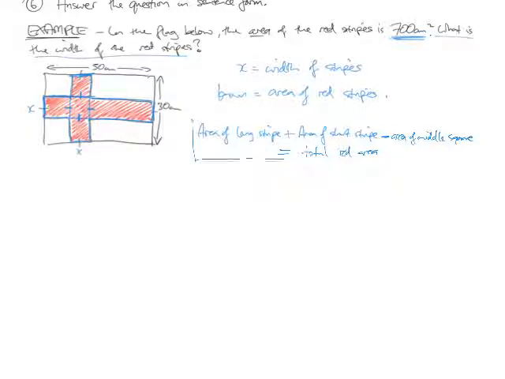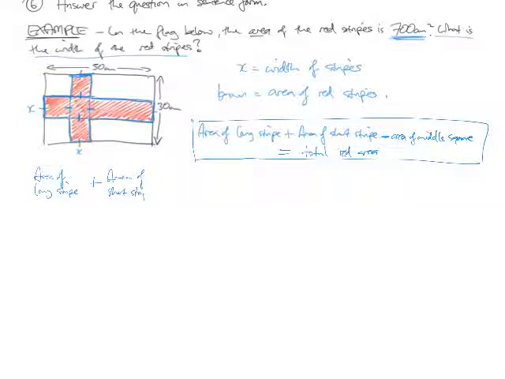So I'm just trying to talk you through my thinking for formulating this equation. Area of long stripe plus area of short stripe minus area of middle square is going to be equal to total red area, which we know is 700.